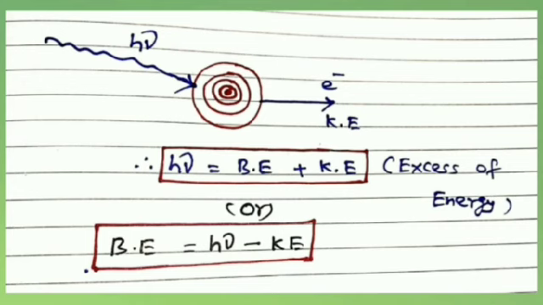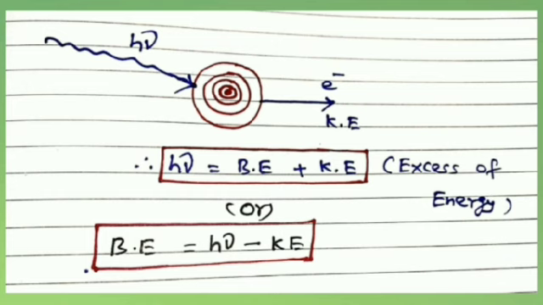When an atom or molecule is subjected to high energy radiation, photons in the radiation collide and eject electrons from the atom, leaving behind ions. H nu, that is the photon, is passed to the molecule, the molecule gets ionized and an electron is ejected with a certain velocity.